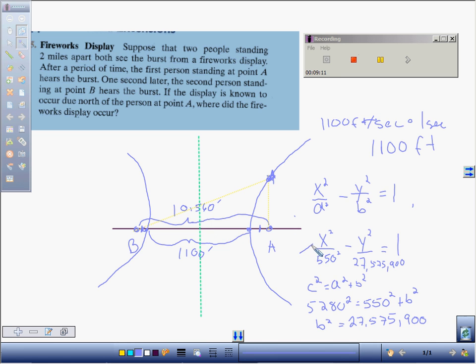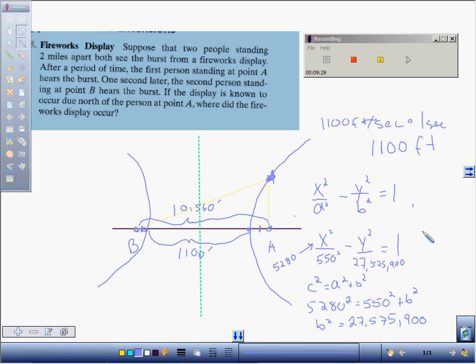So if I take 5280 and plug it in there, this is 0, 0, right? And this is 2 miles. So this is 5280. I plug that in. I square 5280. I divide by 550. I subtract that number from 1. I multiply through by this. And then I take the square root.